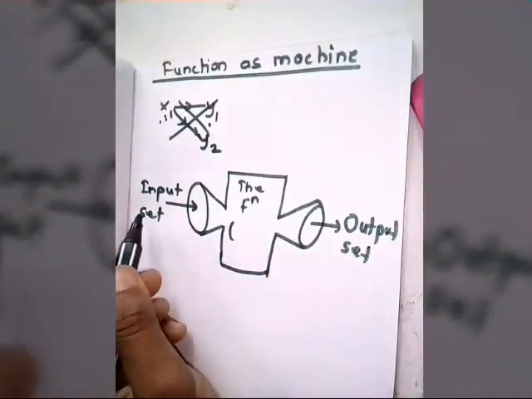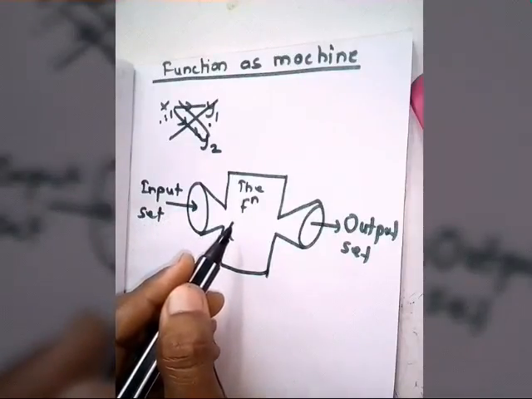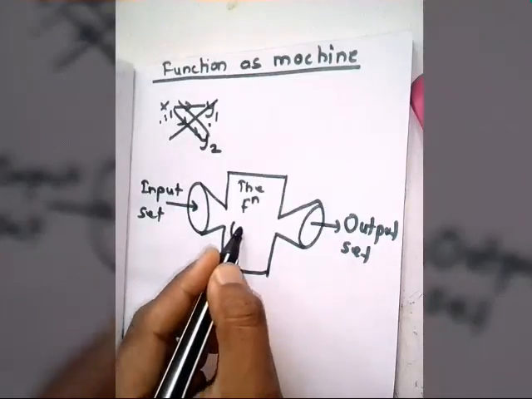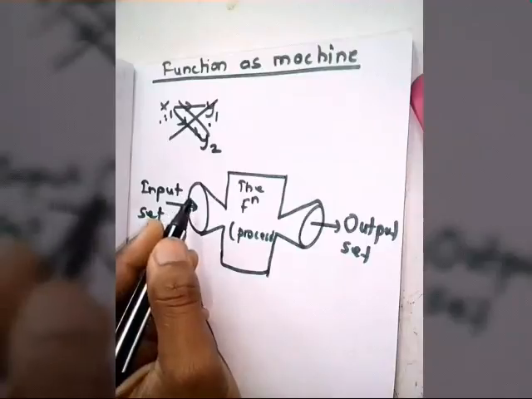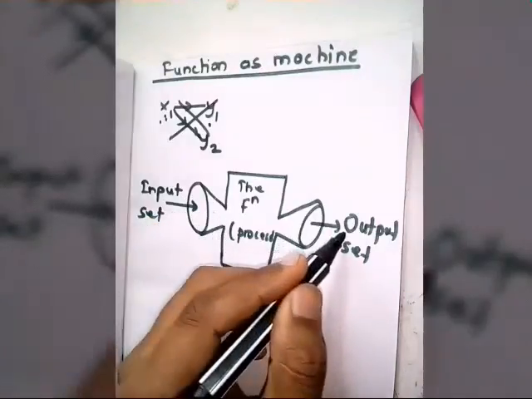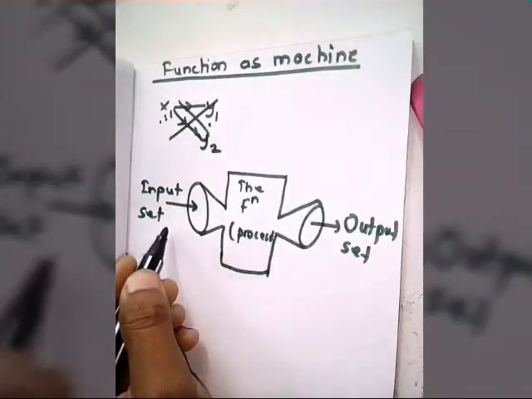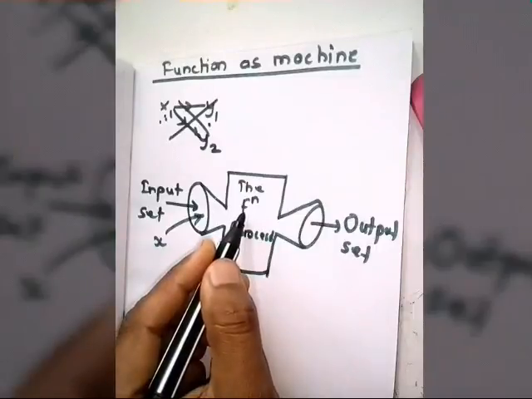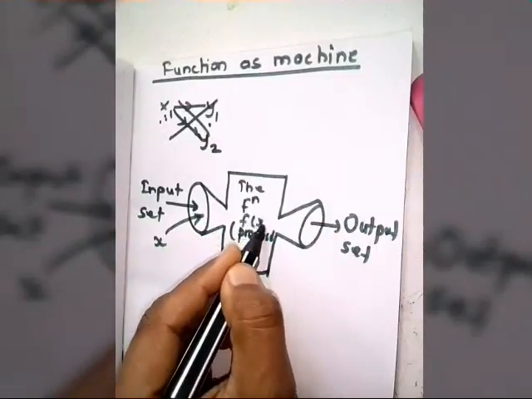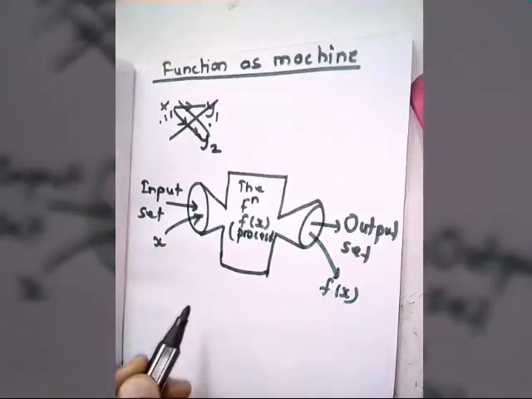Now when you put certain values in, what does the function do? Whatever we keep over here, it does some processing, and after processing it releases an output. For example, if we keep x over here, consider the function to be f of x. Now what will be the result? The result will be f of x.